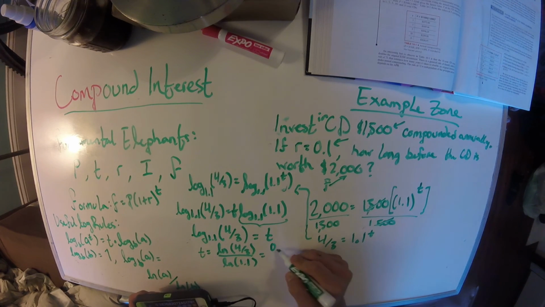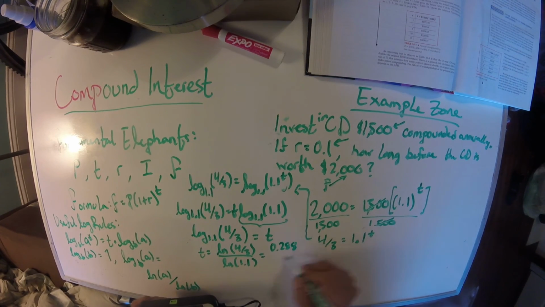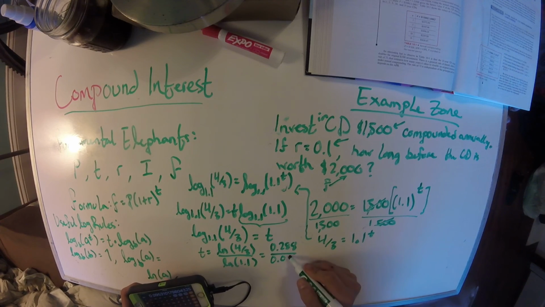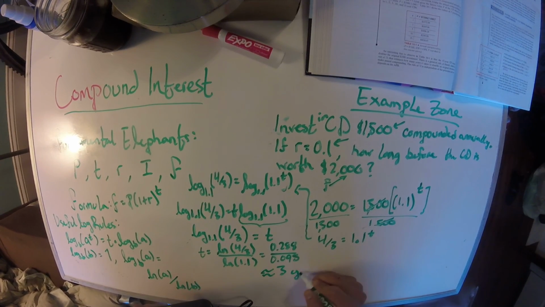So it's 0.288 roughly, and then divided by the natural log of 1.1, which is 0.095. And now dividing this fraction, 0.288 divided by 0.095, we have that this is roughly 3 years.